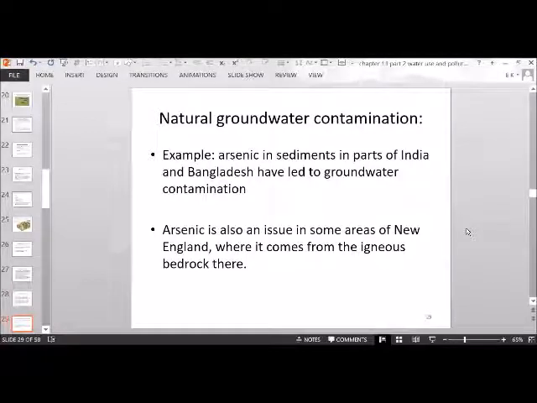Then we have natural groundwater contamination. For example, there was arsenic in sediments in parts of India and Bangladesh that has led to groundwater contamination. Arsenic is also an issue in some areas of New England, where the arsenic leaches out from igneous bedrock.